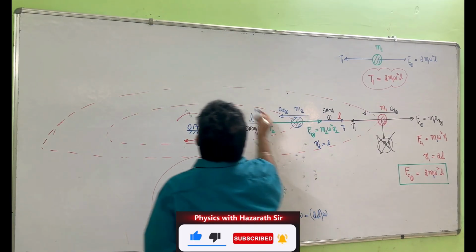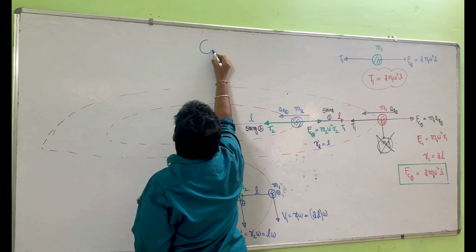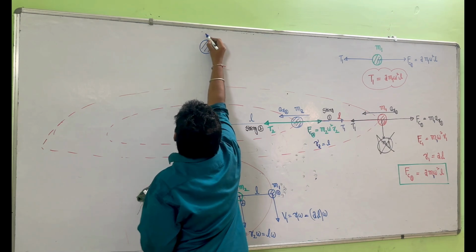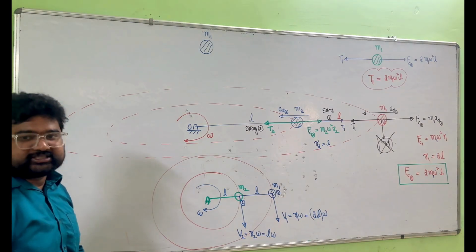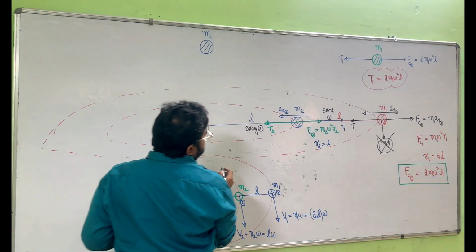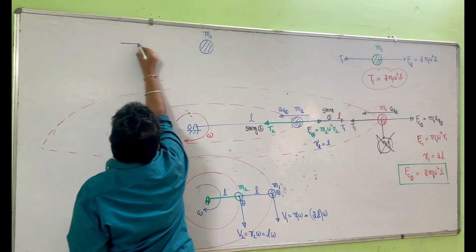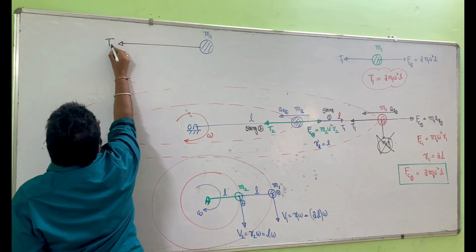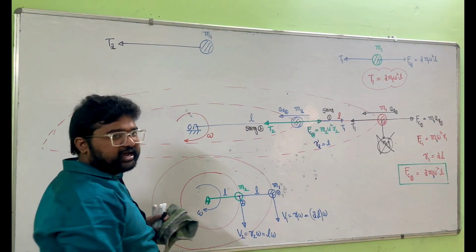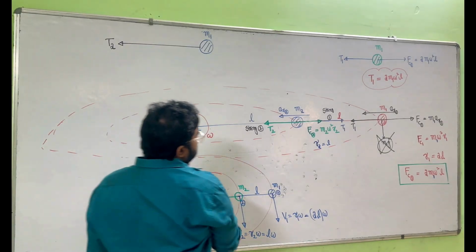Now draw the free body diagram for mass m1. Here the tension T2 will be acting, tension in the string 2 will be acting here.